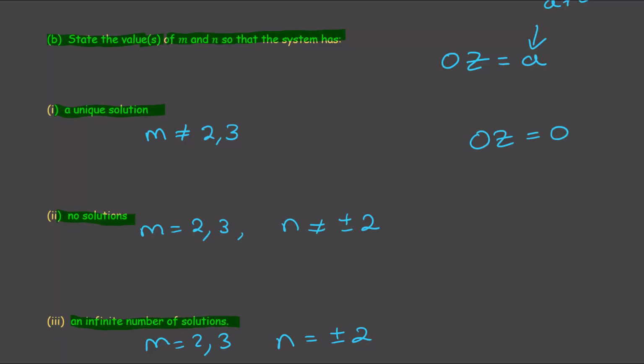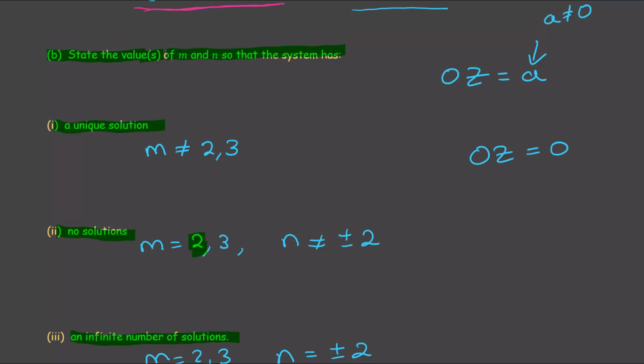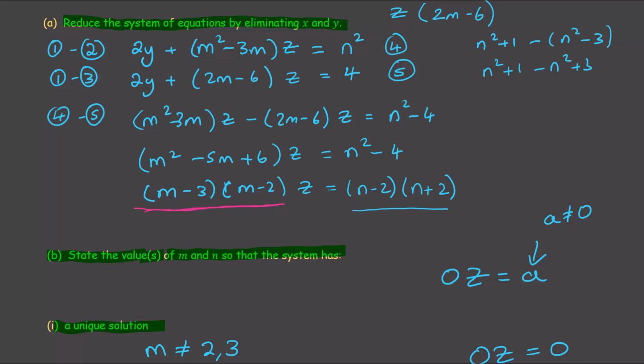Might be worth just looking at a couple of these situations and seeing what they look like further up in the solution. So let's just, for example, take m equal to 2 and see what happens further up, say when we get equations 4 and 5. So with m equal to 2, what would we get? We'd have 2y plus 4 minus 6, so actually minus 2 z's, and let's just take n equal to anything because it was just not equal to plus or minus 2.